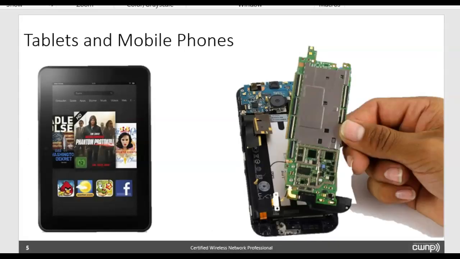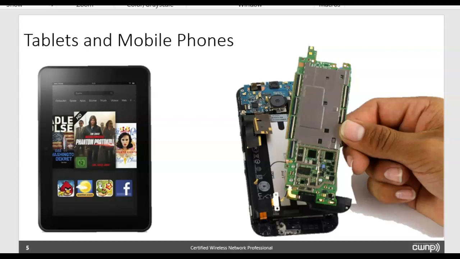Now, as far as your tablet and mobile devices, again, the chipsets are 802.11n and 802.11ac, but some of the older ones only have 802.11g. So just something to keep in mind if you've got older equipment on your premise. Somebody comes in with an 802.11g, what do you have to do?